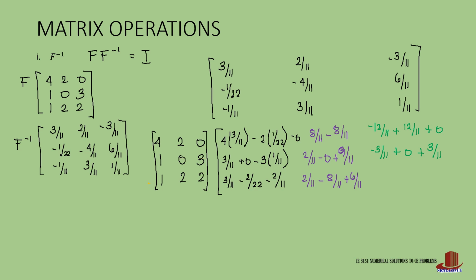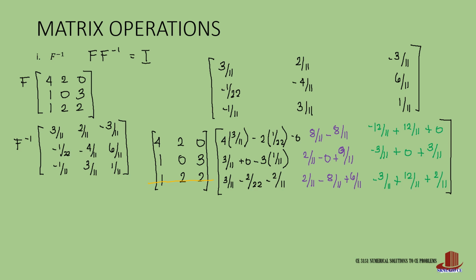And lastly, take the last row. 1 times negative 3/11 would still be the same negative 3/11 plus 2 times 6 would be 12/11 plus 2 times 1, 2/11. And this would complete our matrix.